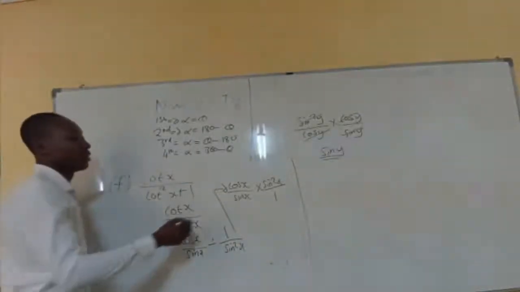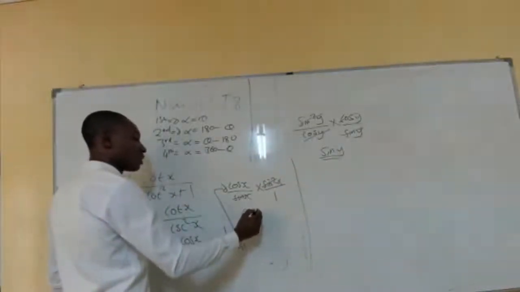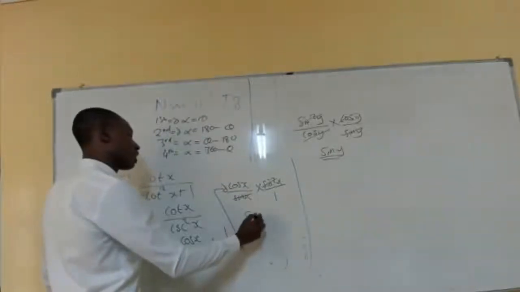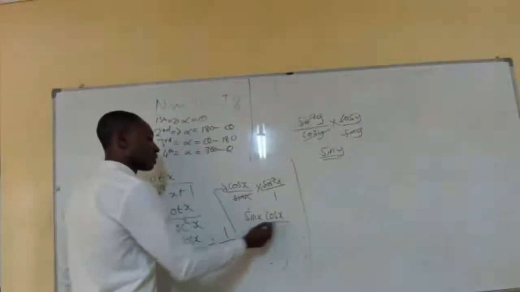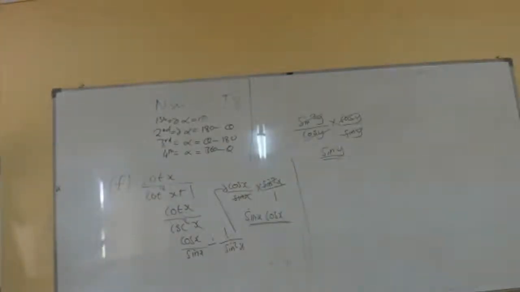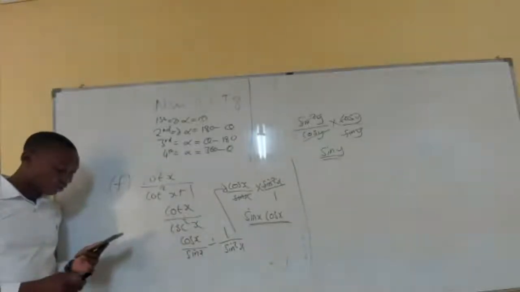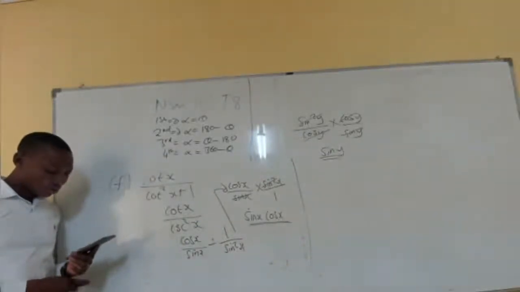So when it flips, this and this end up being sine x cos x. So that is your answer: sine x cos x. Okay, so that's how you go about solving those things.